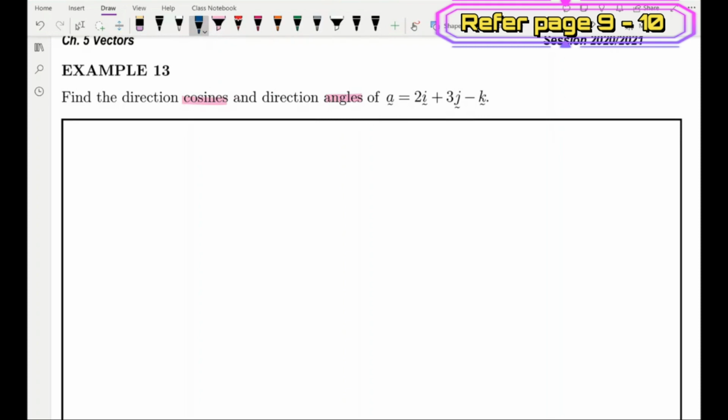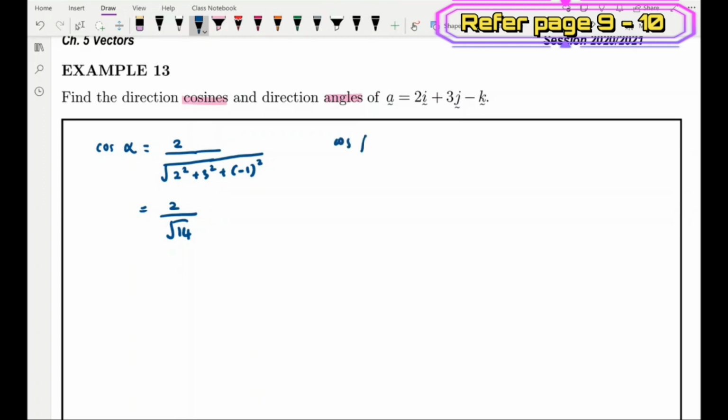So direction cosine is cos alpha is equal to, just take the value of i, so we have 2 over the magnitude of A. Magnitude of A is square root of 2 squared plus 3 squared plus negative 1 squared, or 2 over root 14.